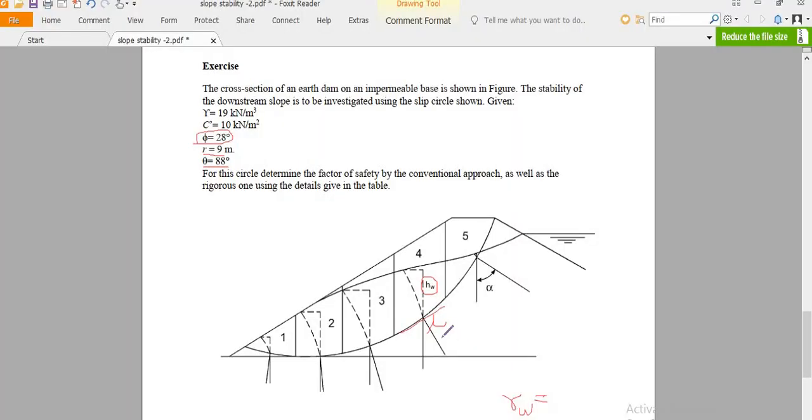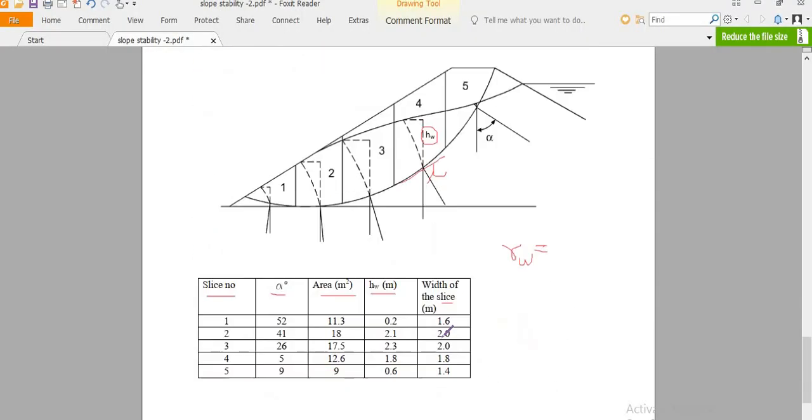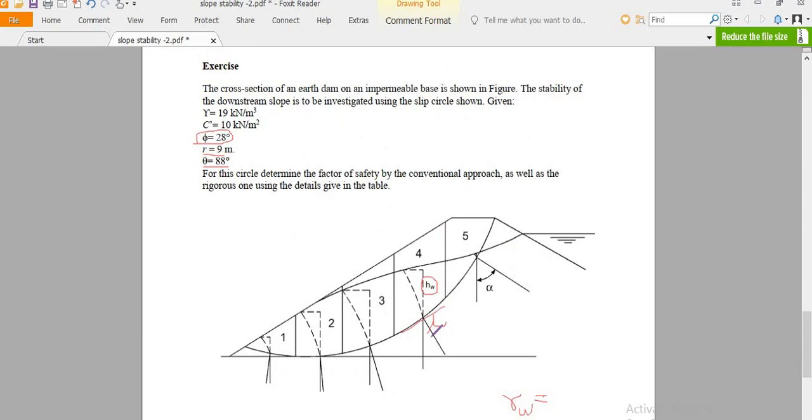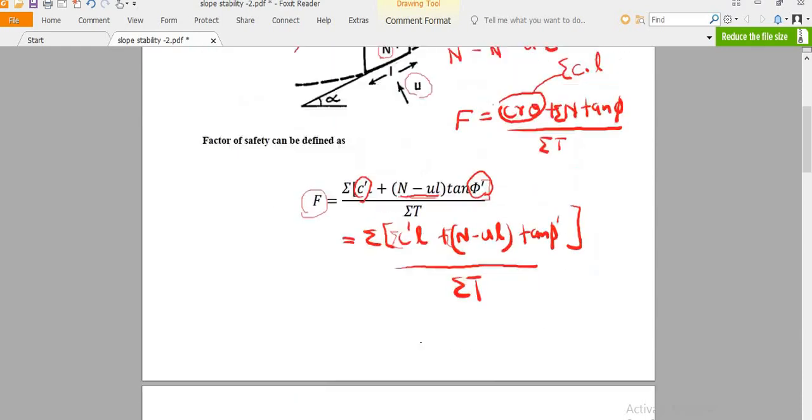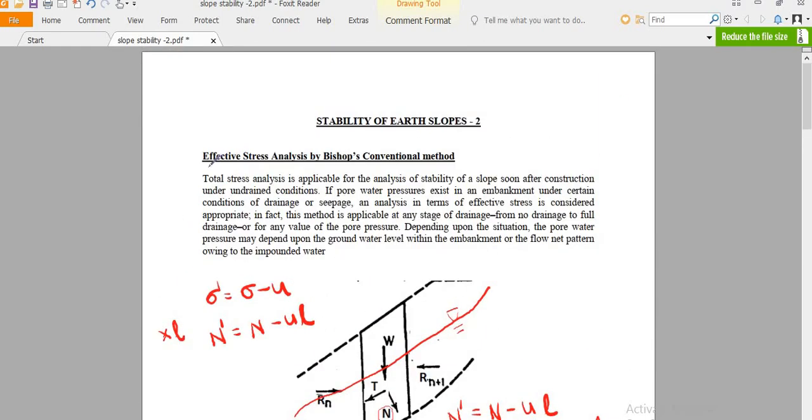Okay, so I hope you understood how we process this, the process that we follow to analyze the slope with respect to effective stress analysis. So in your handout there is a second part. What we have discussed today is effective stress analysis. This we call the conventional method, right?